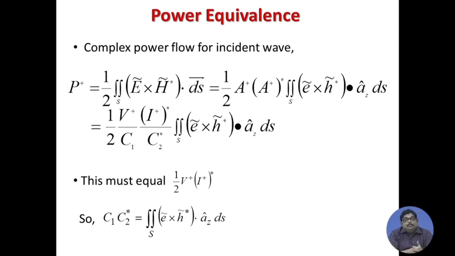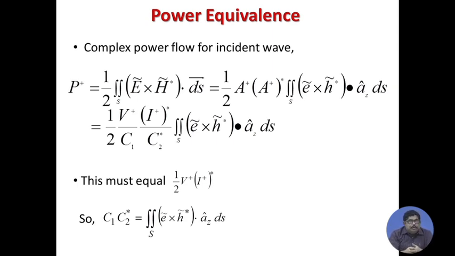Now, the demand is that instantaneous power flow should be equal to V I. So, in terms of complex quantities, the average power flow should equal half V plus I plus star. So, the first equation, the top equation, we have written in terms of field, and the second equation says it should be equal to this half V plus I plus star.